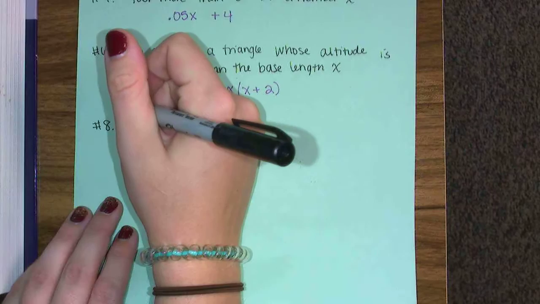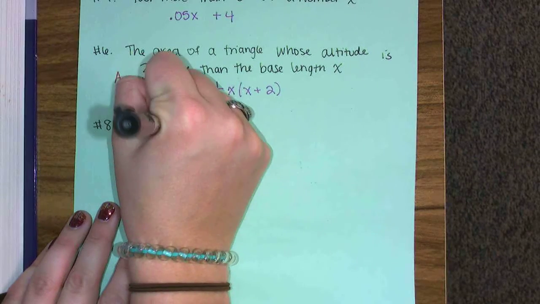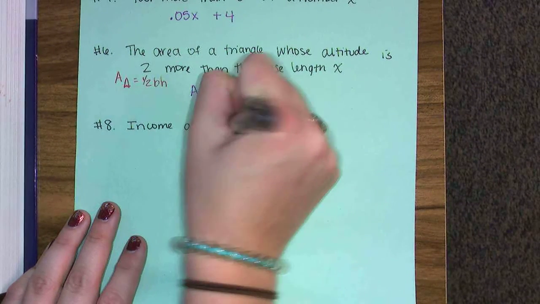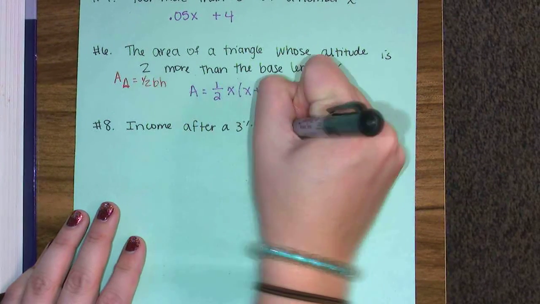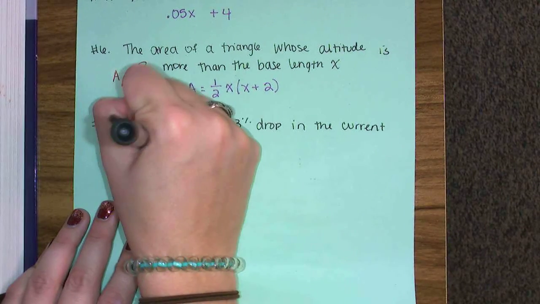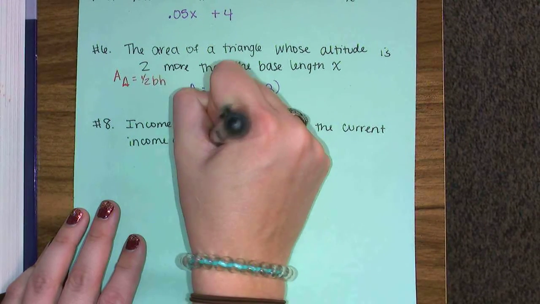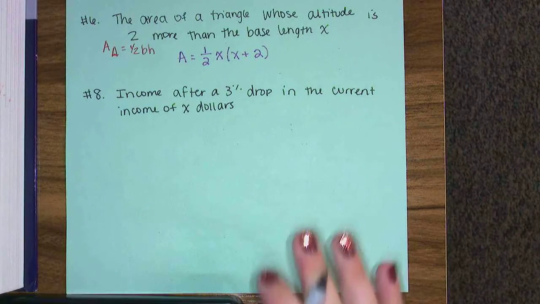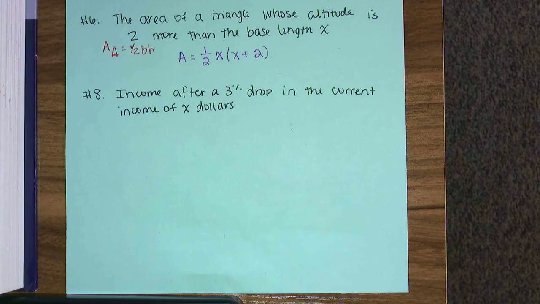All right, income after a 3% drop in the current income of x dollars. So basically, if you took a 3% pay cut, what would your income be now?